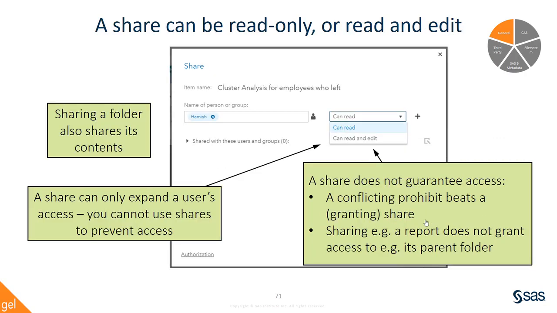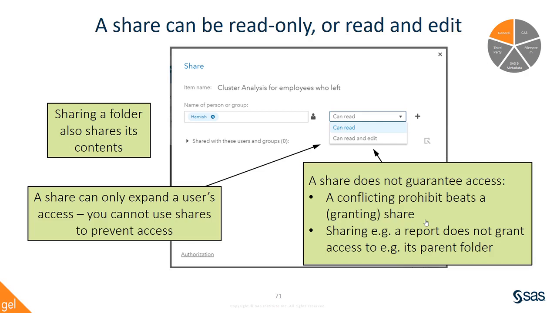If you share a folder, it also shares its content. So if you're sharing a folder, content is shared. A share can't do any restriction of a user's access. A share only grants access. And a share doesn't guarantee access. What we said about prohibits in the general authorization still applies to shares.